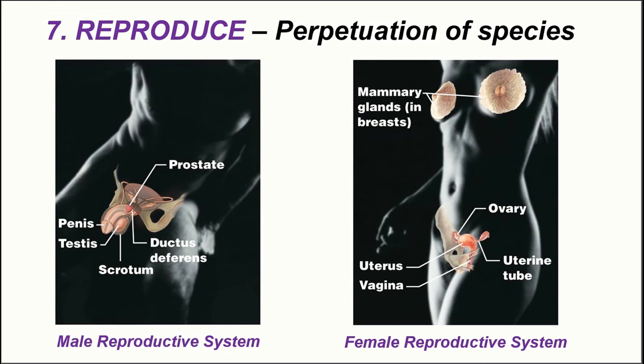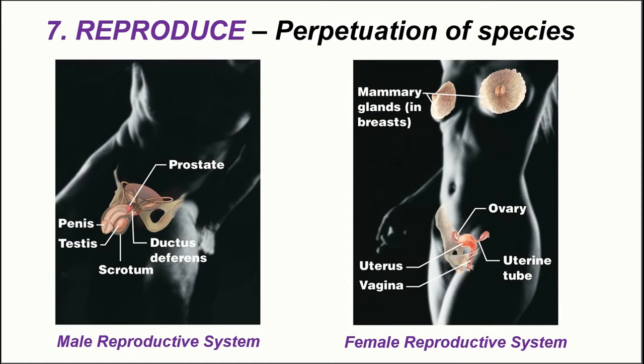All of this wouldn't be any good if we did not have the ability to create new human beings. Because we don't live forever, we have to be able to perpetuate our species so that we can create a new generation to continue human life. And so reproduction is, unsurprisingly, the responsibility of the reproductive systems.